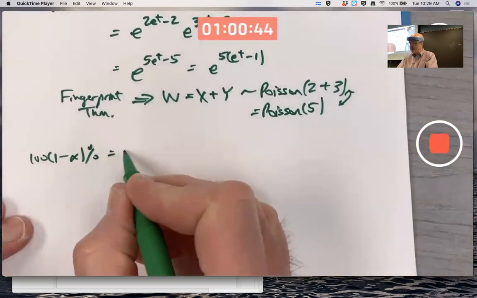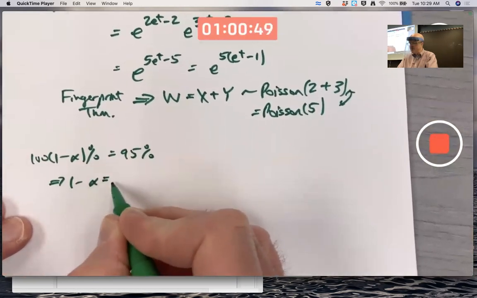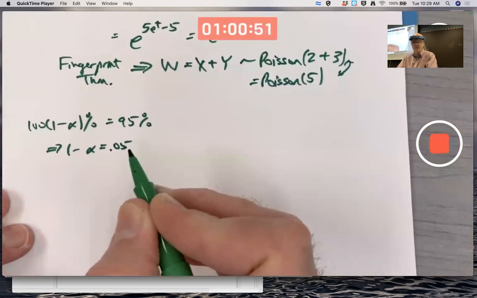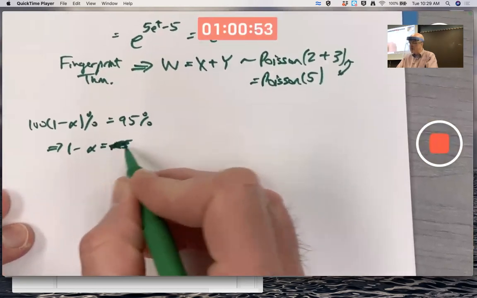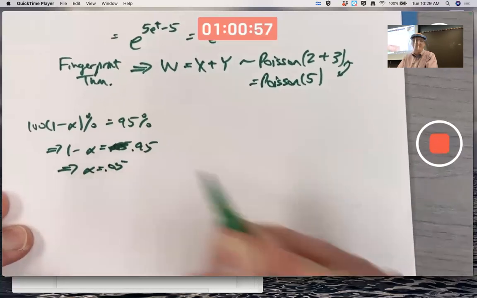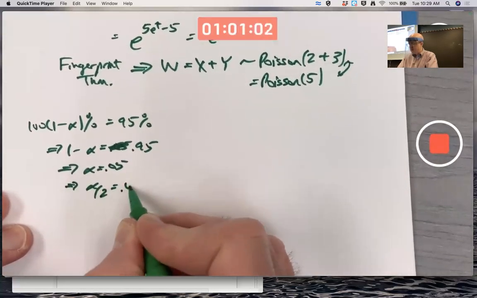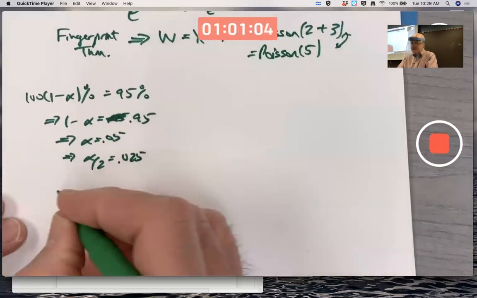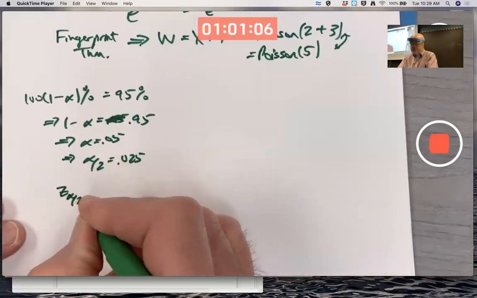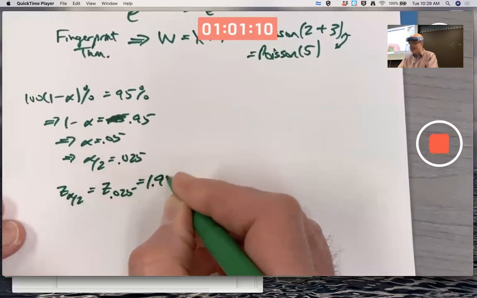So if that equals 95%, that means 1 minus alpha is 0.95, so that means alpha itself is 0.05. So alpha over 2 is 0.025, and that means z sub alpha over 2 is z sub 0.025. That's the most famous one, 1.96.